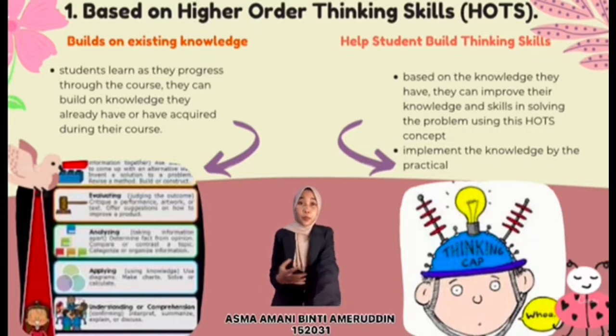They can improve their knowledge and skills in solving problems using this HOTS concept. For example, they can implement the knowledge that they already have through practicals. As a result, like what Shamimi explained before, now we have a new curriculum called KSSM.